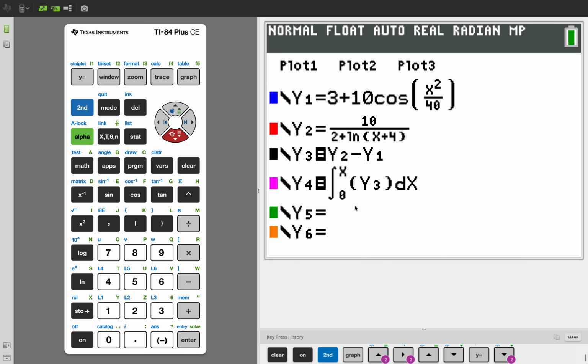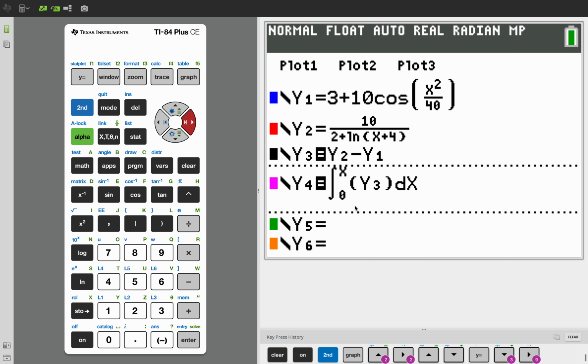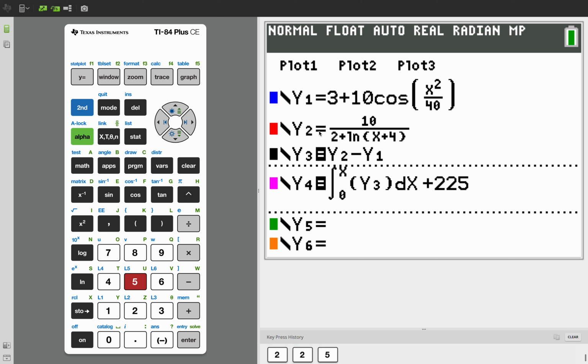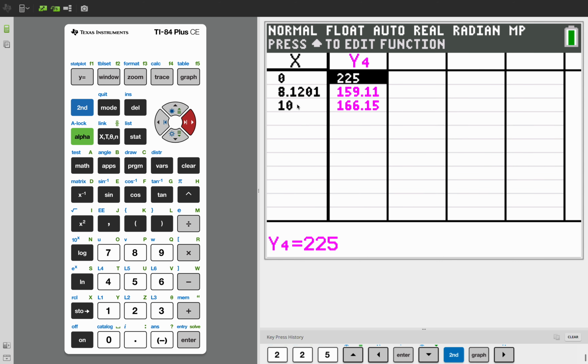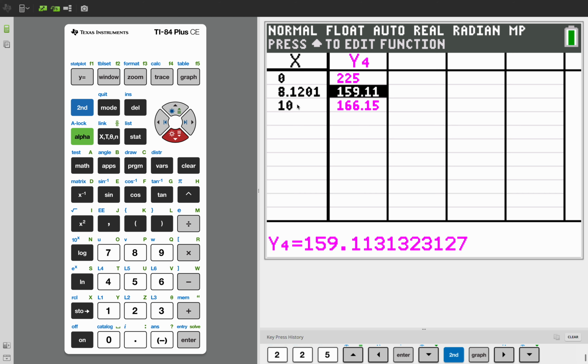Notice how here we forgot to include my initial value, which was 225. So you want to include 225, and then maybe set that y3 not equal so that you can only see y4. And here you can see that we have 225, then 159.11, and then 166.15.